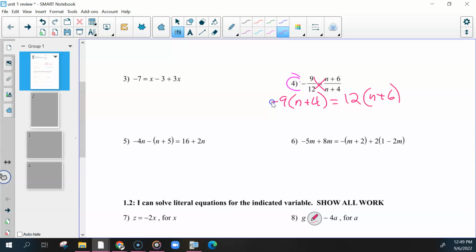I have cross multiplied, not multiplying across, and not multiplying with the same numerator and denominator. And then distribute to get negative 9n minus 36. Be careful with your signs. Equals 12n plus 72.